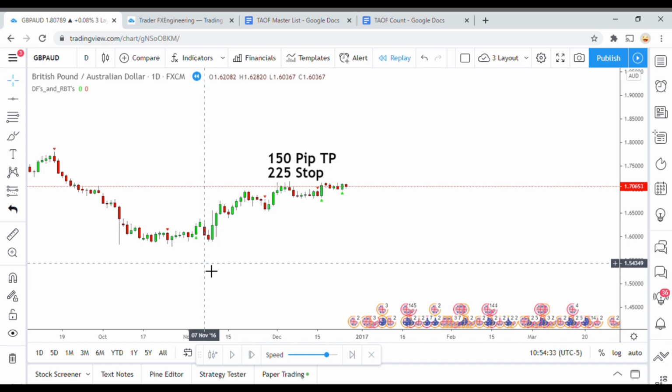Now, back to those who keep saying, if only you used another indicator, if only you put a moving average on it, if only you took into account trend, if only whatever, insert whatever it is that they say.